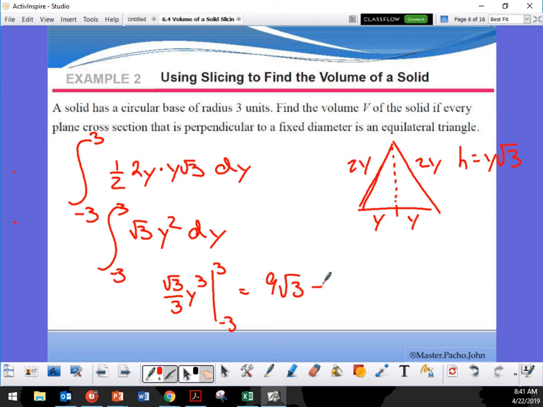Oh, it's going to be 0? No, it's not going to be 9 minus 9. It's going to be plus 9 rad 3, because I have a negative right here, so it's a negative, negative, so it's plus. It's going to be just 18 rad 3. So what was the issue?